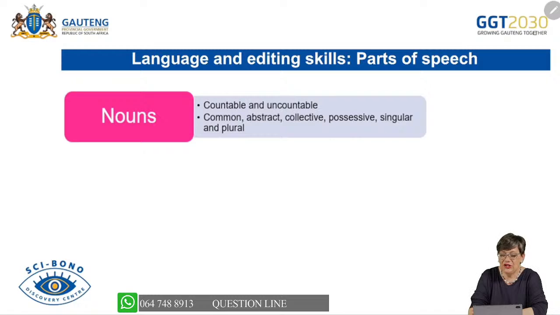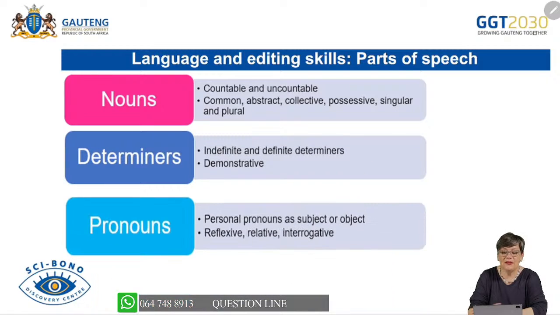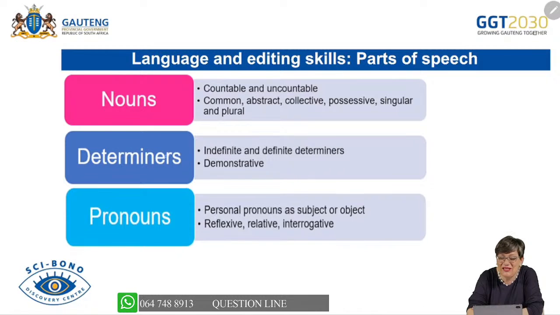Oh, yes, just a quick reminder. When you do parts of speech, you have to know them. You have to know exactly the different parts of speech. Common nouns, abstract nouns, all of those. You have to know the determinants, what they are. You have to know all the different pronouns.